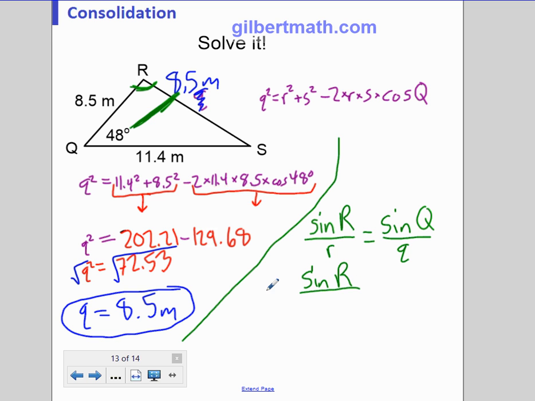So sine R divided by 11.4 equals sine Q. Well, Q is 48 degrees, and I divide that by the length of q, which we just found to be 8.5.